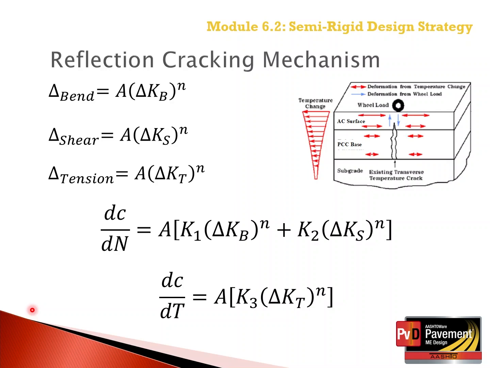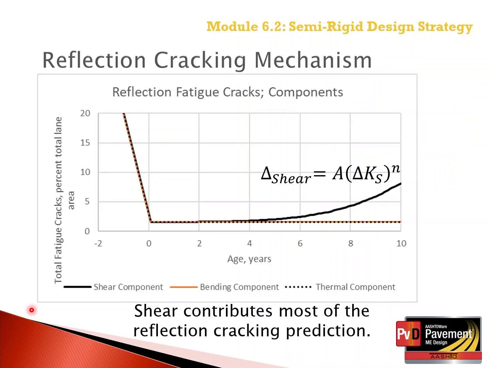So which one is more important? This graph simply shows the total fatigue cracking, percent total lane area, as a function of age, but it's broken down into the shear mode, the black line, the bending mode, kind of an orange line, and the thermal component or the thermal mode for the short dashed line.